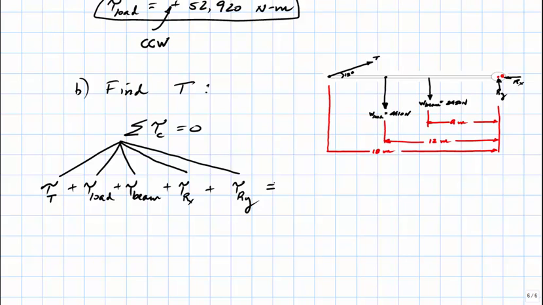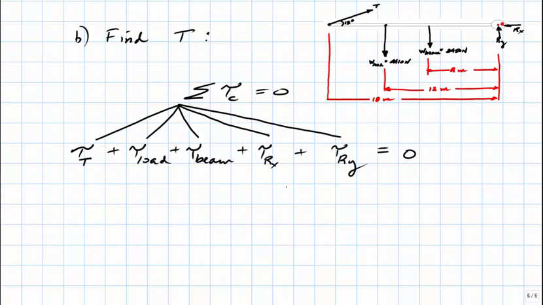When we add all of these torques, according to the first principle, they must add up to 0. In order to proceed, we must take note that torque requires 3 ingredients. Torque equals force times a moment arm times the sine of the angle between the force and the moment arm.